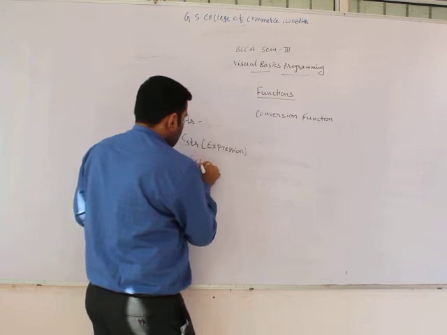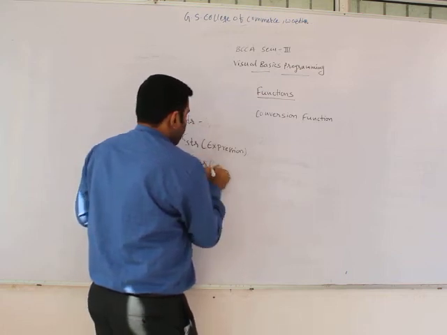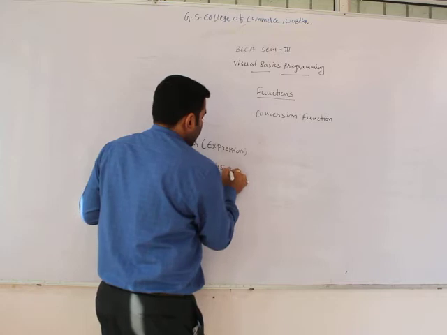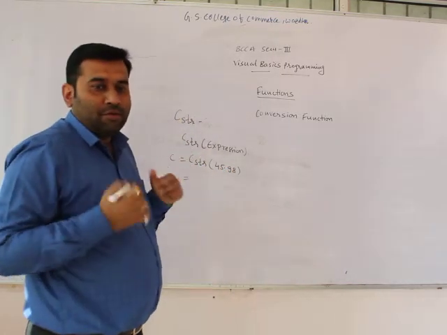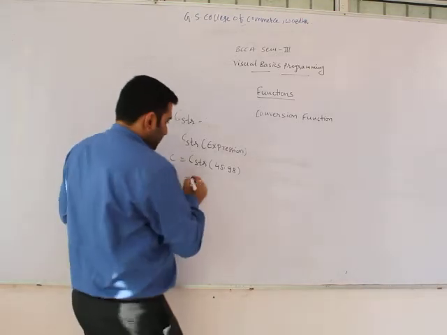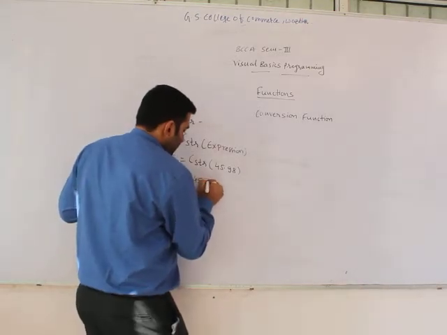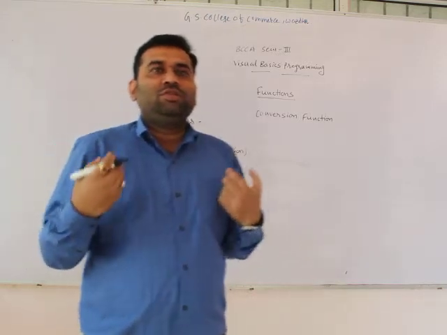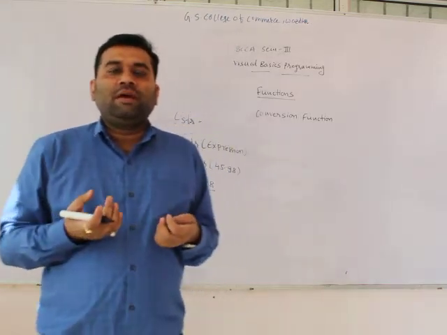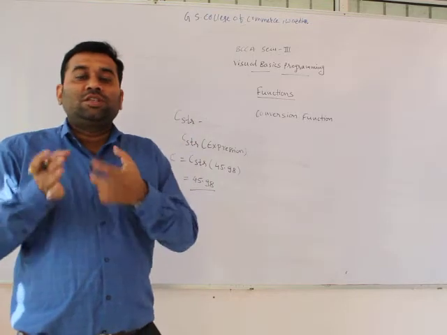C equal to CSTR 45.98, and the function output is 45.98. This function is used to convert the specified expression to the string data type.